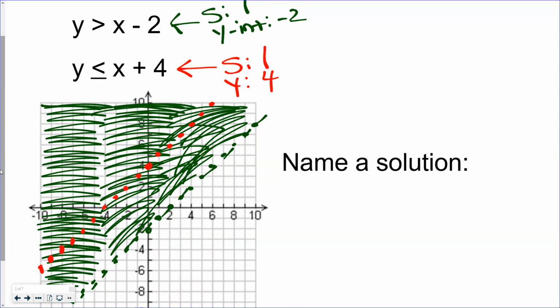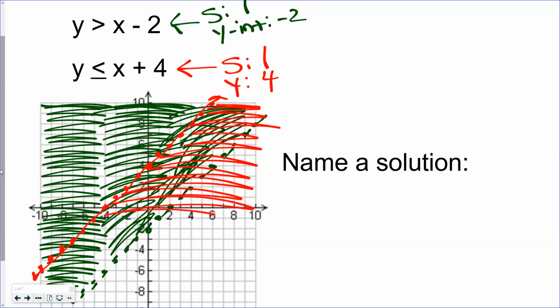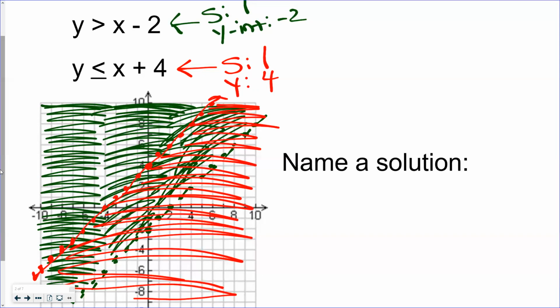However, this time I am going to have a solid line. This time I am less than, so everything below my line is where I need to shade. So again, wherever you see the double shading, the green and the red, that is where our solutions will lie.